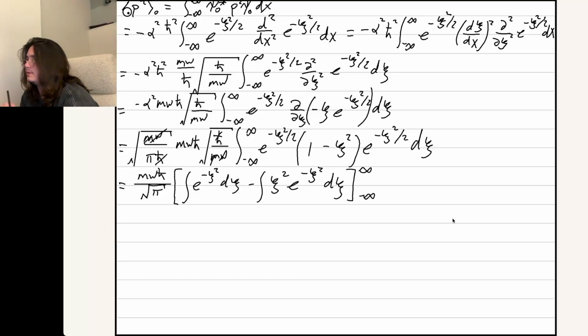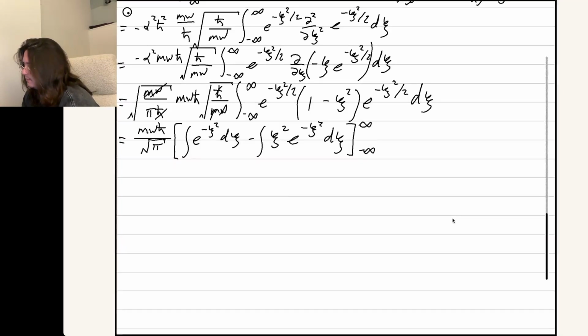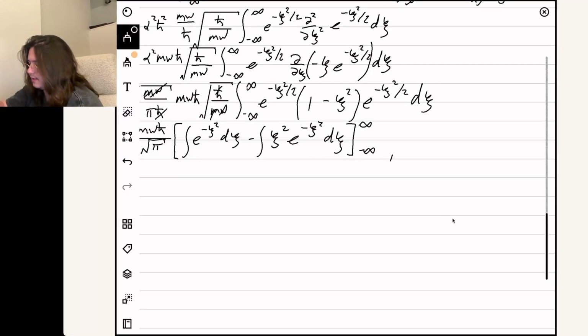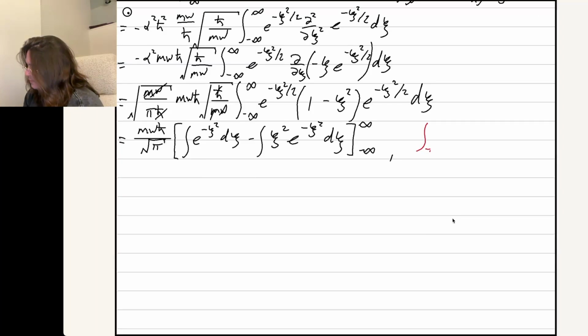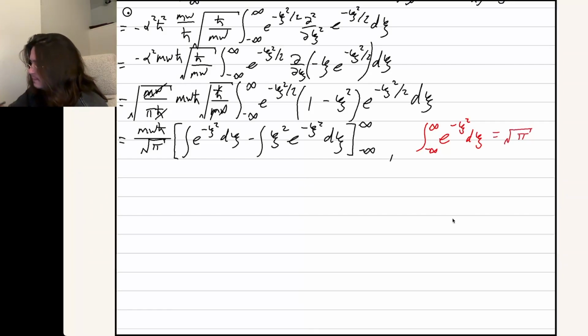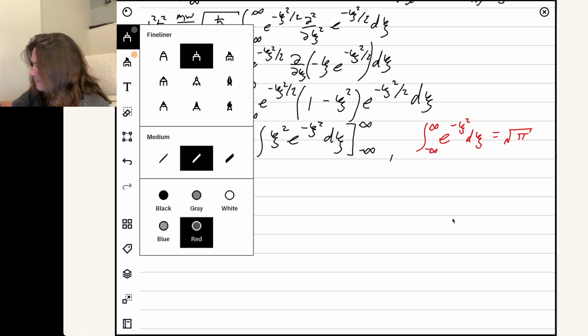The second integral we've already done. The first integral, very simply, I'll write it here because it might come in useful later. The integral over all space of just a Gaussian is just root pi. Okay.